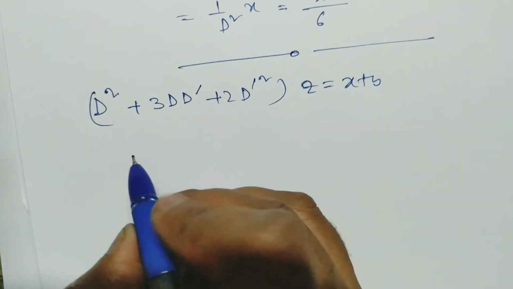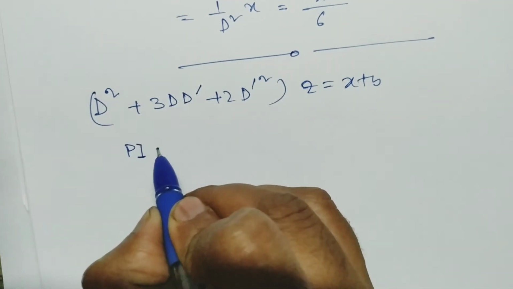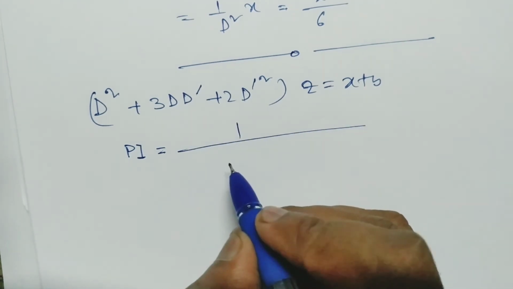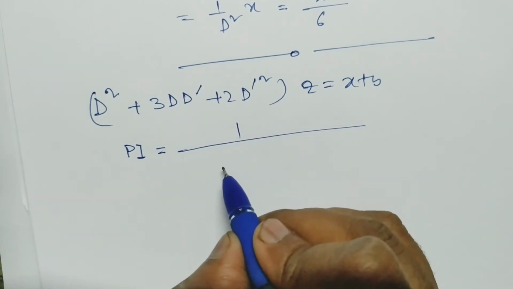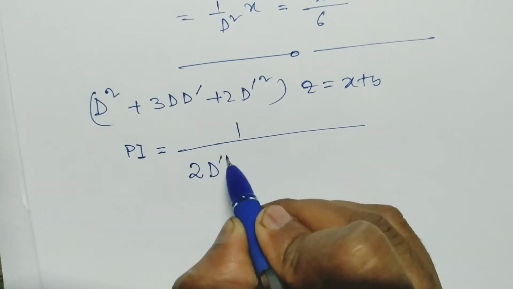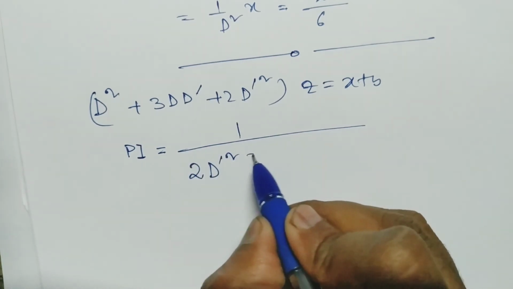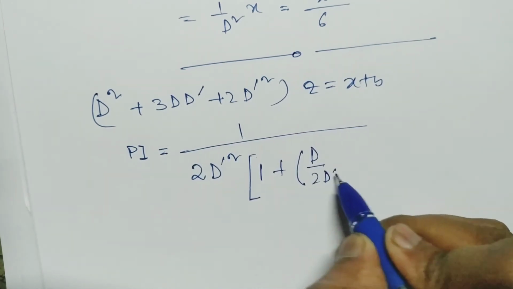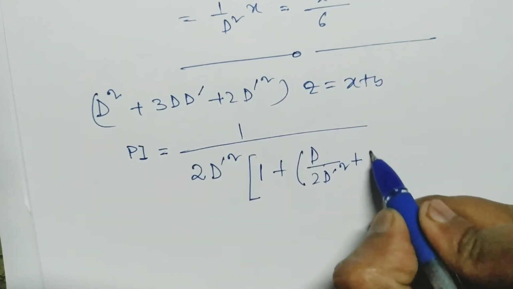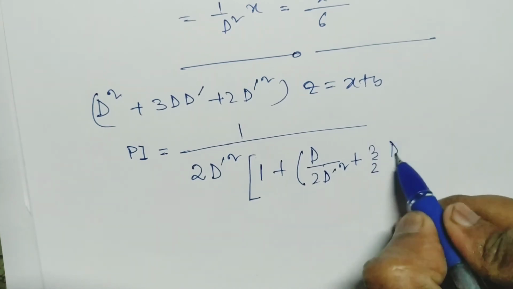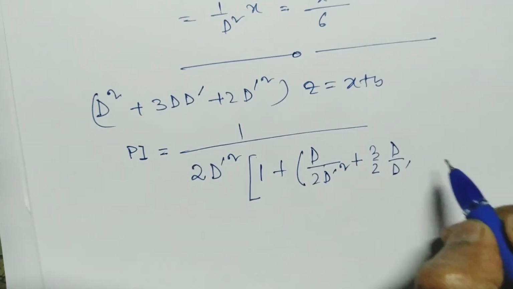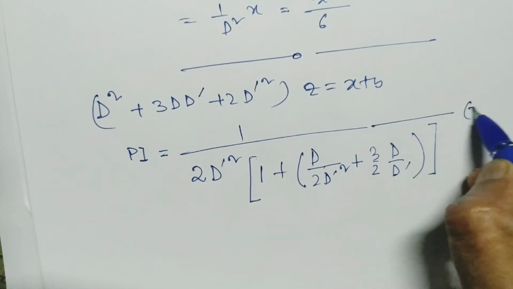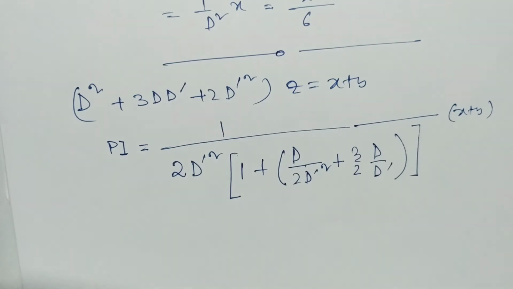I'm not going into that for that part. What will be the PI? Now for PI, I'm directly taking common D dashed square, and you have 1 plus D over 2D dashed, square, plus 3 over 2D dashed, on x plus y.